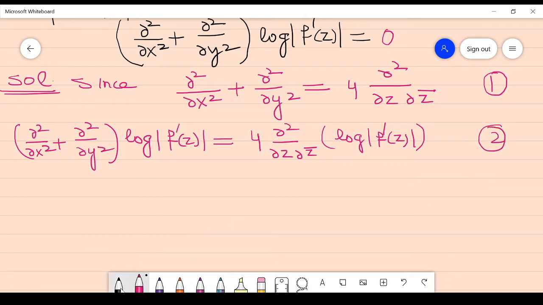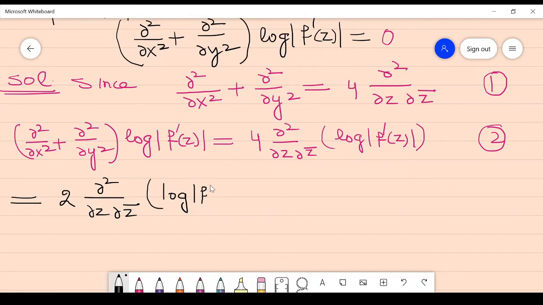Now this can be written as, if 2 is outside, 2 times ∂²/∂z∂z conjugate, and this is log, 2 times log of this, and this can be written as absolute value whole square, so this is log raised to power 2.